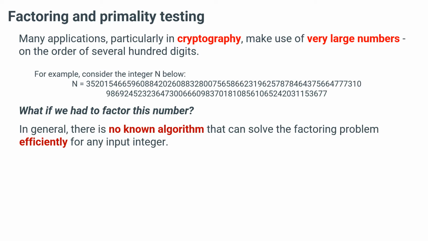Maybe the number happens to be divisible by 2, and that could be checked. If the number is small enough, the algorithm could just check: is it divisible by 2? Is it divisible by 3? And so on. But as it gets bigger like this, there's just no way an algorithm can efficiently come up with these prime factors.